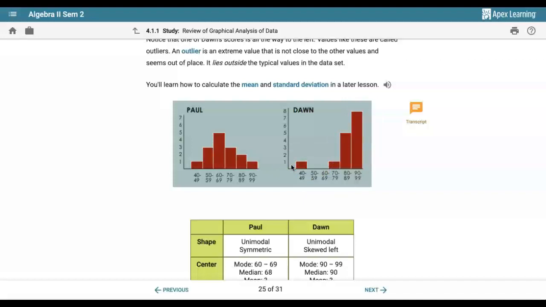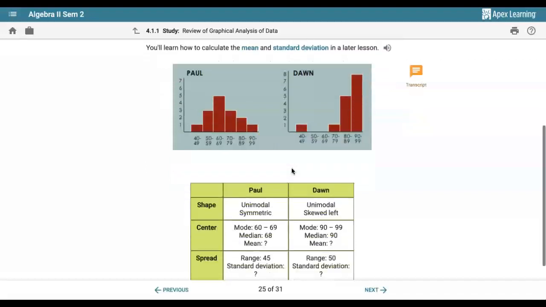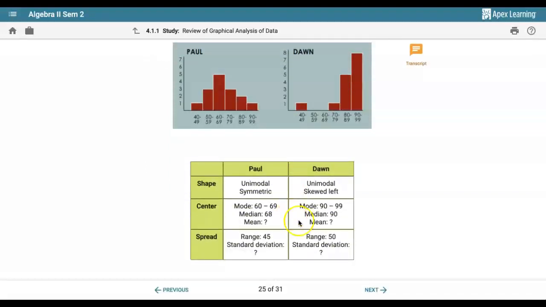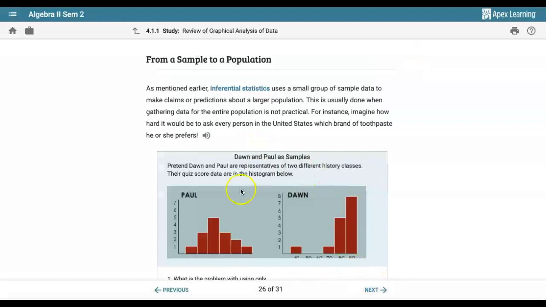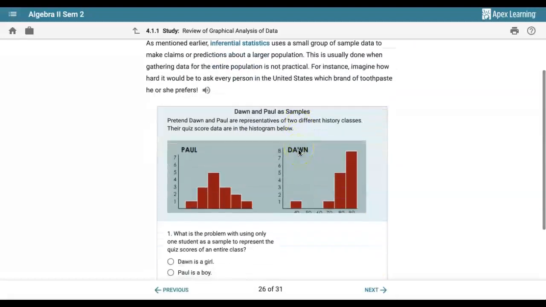So this guy kind of just looks like an outlier, a little loner all by himself here. He looks out of place in this graph. Again, you can take a minute to look at that on your own and really dissect it, but it's going to be super helpful if you can walk through those problems here.